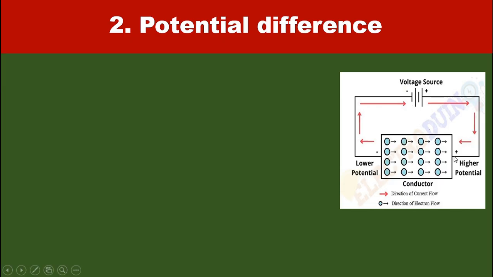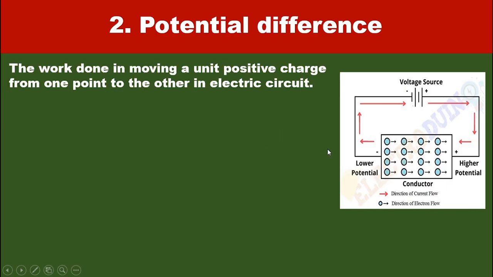If a charged particle is brought from one point to another point, a certain amount of work will be done. That work done in moving a charged particle from one point to another is called potential difference.